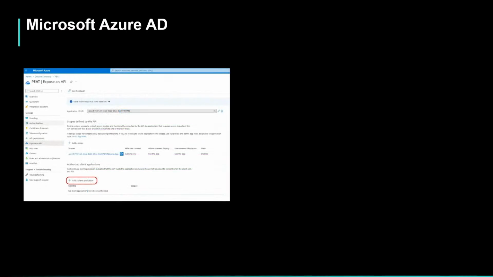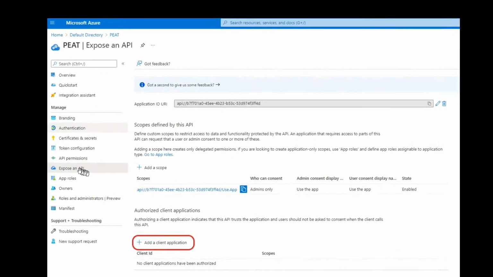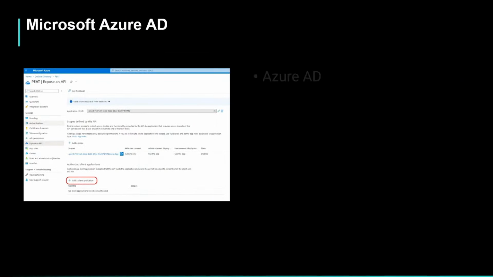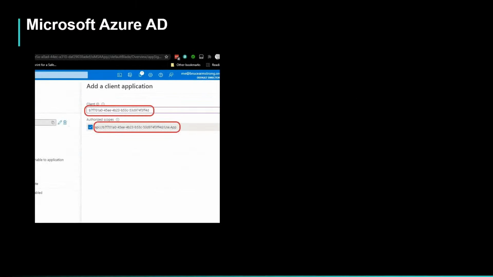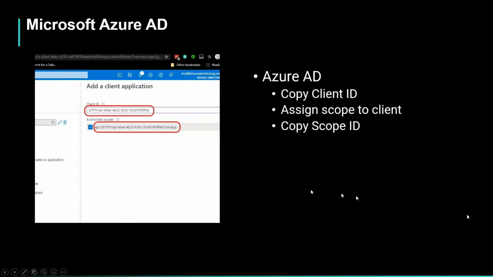Now we're still in the expose an API, but we're going to click down here for add a client application. And so we'll be given a client ID.